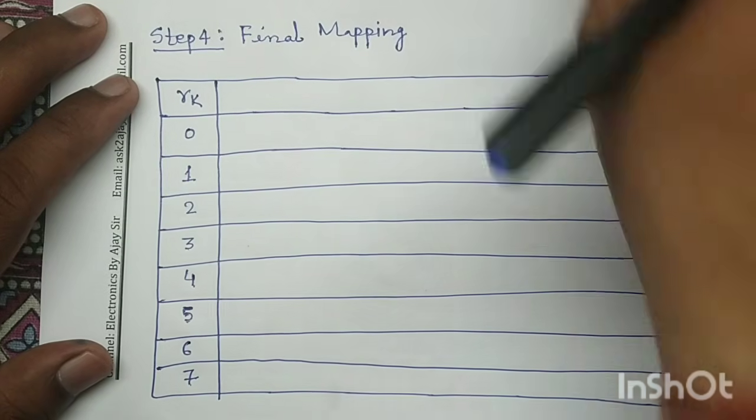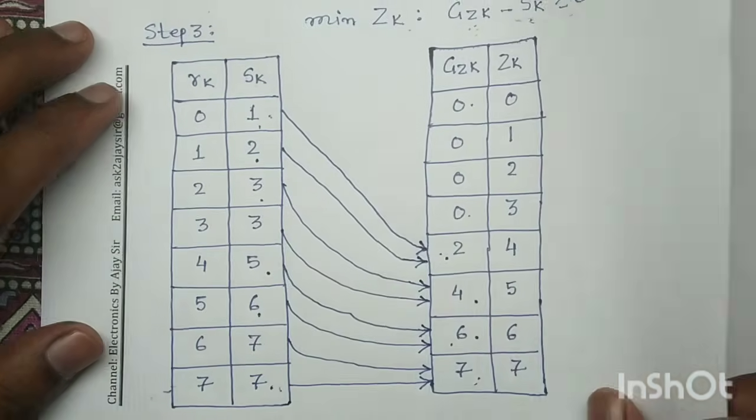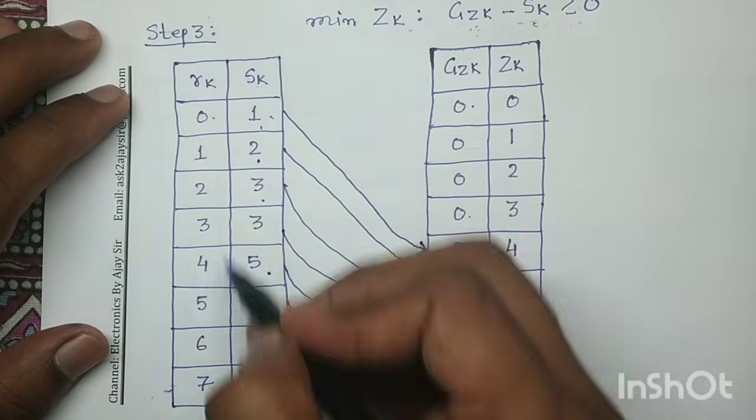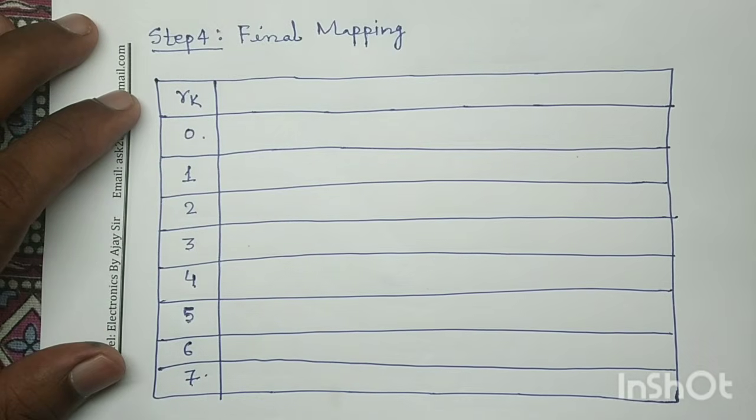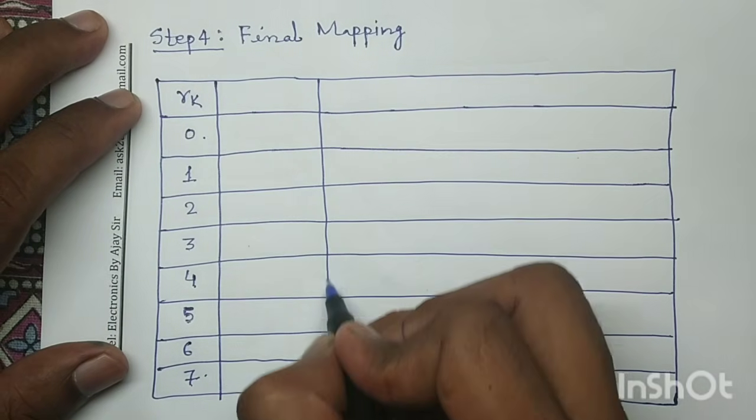So as discussed earlier, the RK varies from 0 to 7. So here I have written RK, varying from 0 to 7. The next column we will make is for the SK.